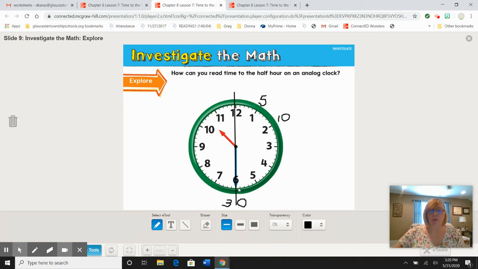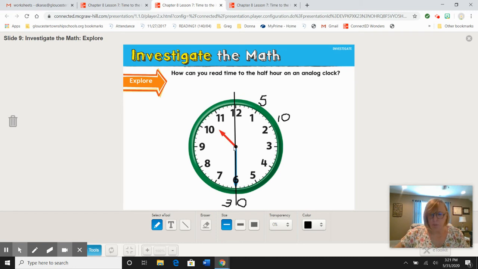Now, something else I really want to point out to you. If we were in class, you would hear me saying this a lot as a reminder. The hour hand is slowly moving from 10 to 11. Right now, it is 10:30. Notice it's going off of the 10, but it is not touching the 11. So it is almost right between the 10 and 11.